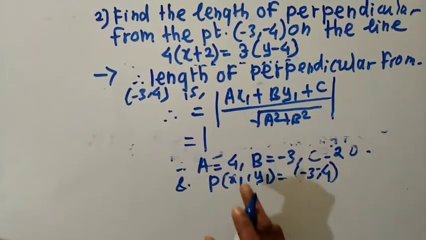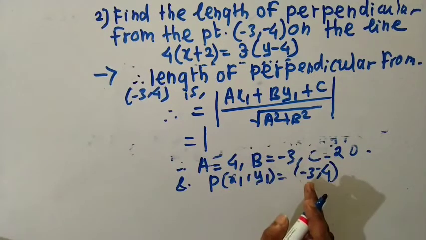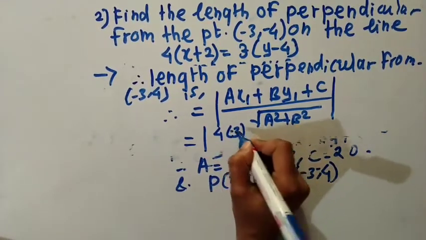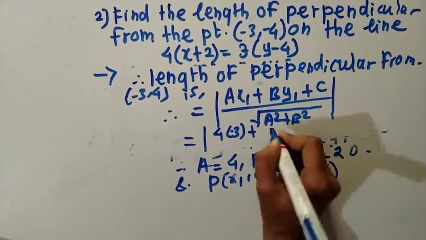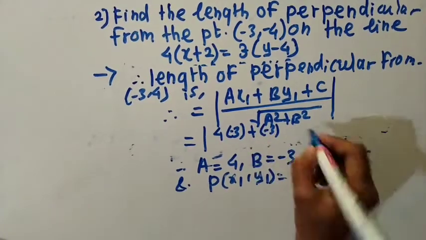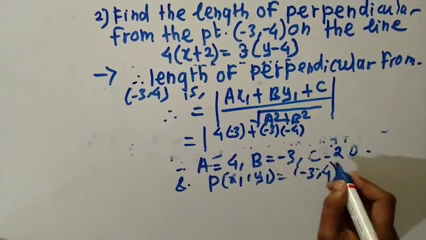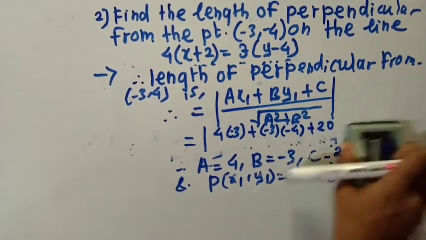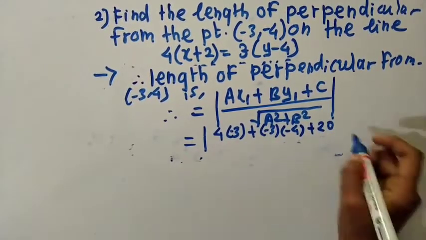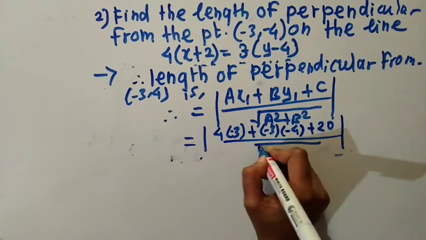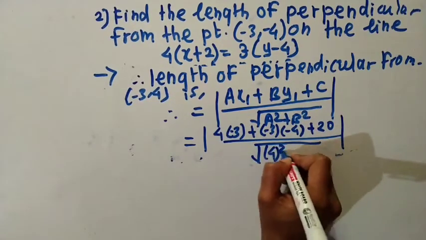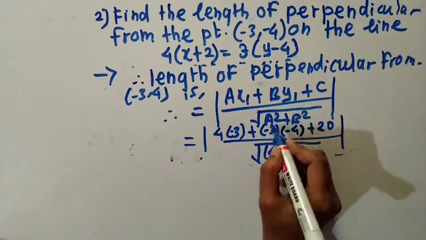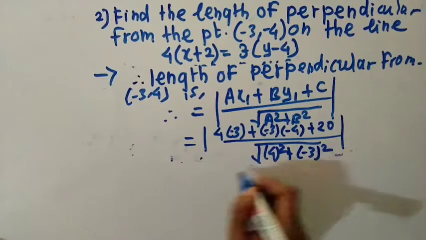Hence we get a into x1, 4 into -3, plus b means -3 into -4, plus c is 20, upon root of a square means 4 square plus b square means (-3) square.